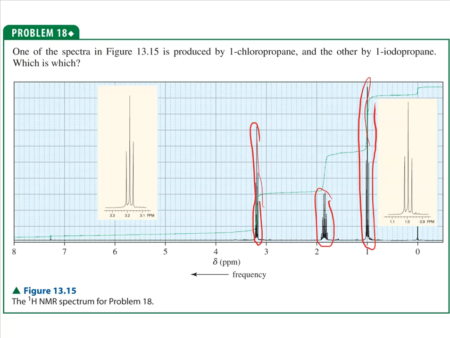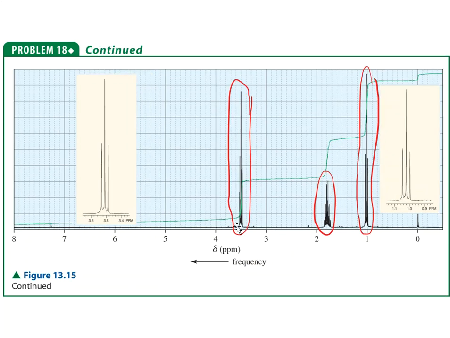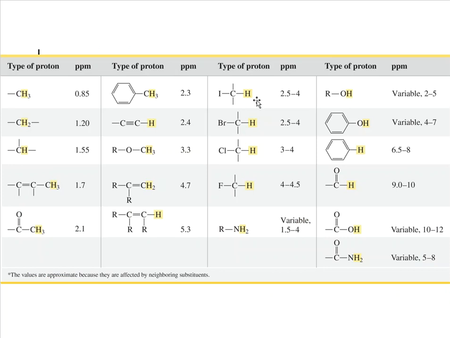So this is a 3.2 and this is a 3.5-ish. Go back to iodo group on that, 3.5-ish, right? Iodo could fit in there, 2.5 to 4, right? 3.5 is right in there. Chlorine, 3 to 4. That chlorine could fit in there, right? So it looks like either one of these could go both ways.